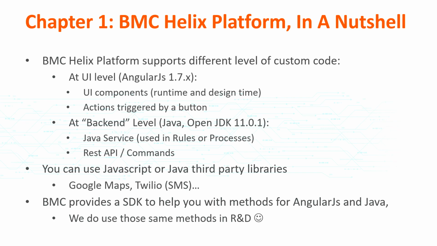So you wouldn't have to think about error trapping or putting a specific header for post or delete operations, because we are going to do that for you. Same thing for Java. If you want, for example, to get record instances from a record definition, we provide you a record service to very easily get data from our system. And the good thing to know is we are actually using the same objects internally when we are coding on the platform.